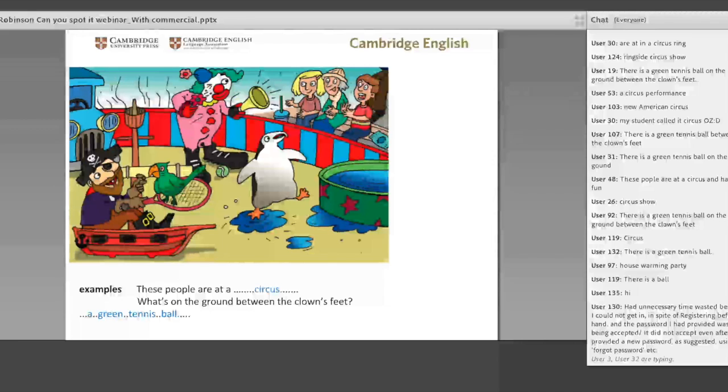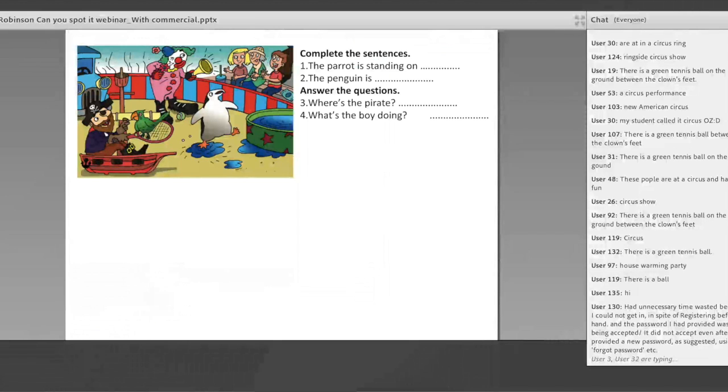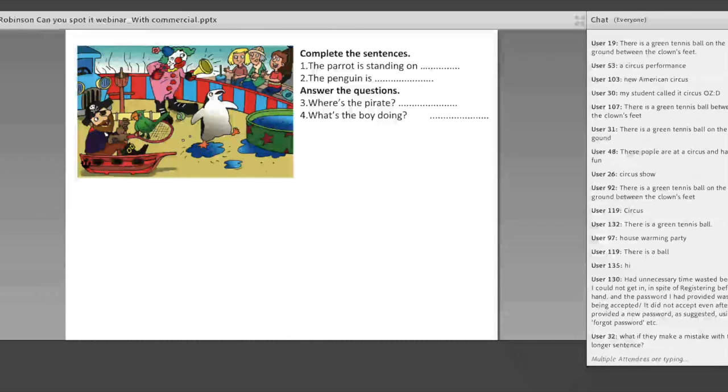This is what the two examples want to show, that both longer and shorter answers are fine. Then we get to the sentences for students to complete and the questions to answer.